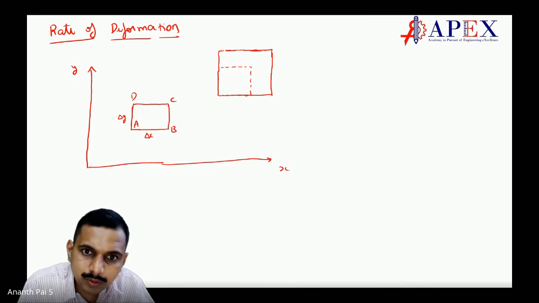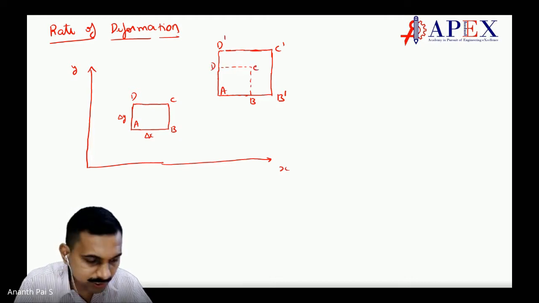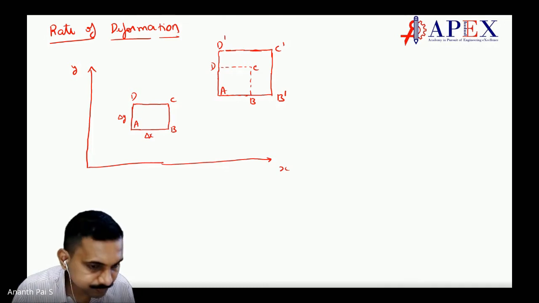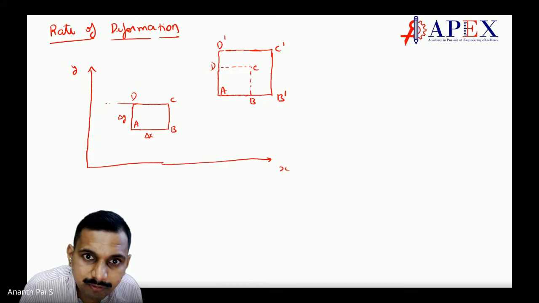So what was A, B, C, D has now become A, B dash, C dash, D dash. Initial A, B, C, D was this. Correct. So that's how it has moved. How to account for that? See, this is very important, and a lot of times students don't get this. Let me draw a light line here.